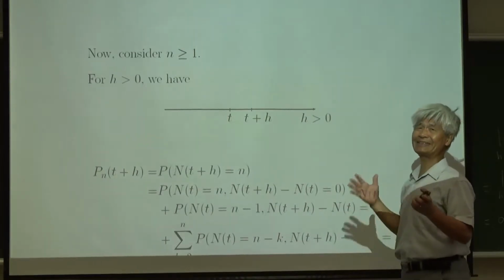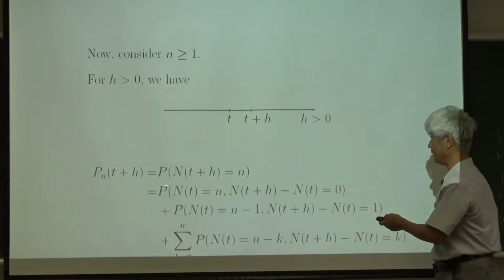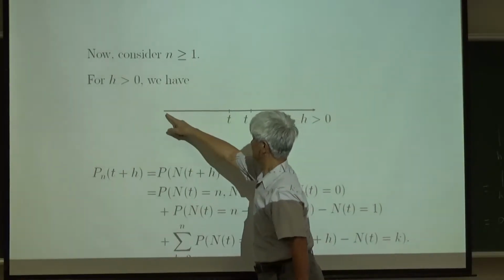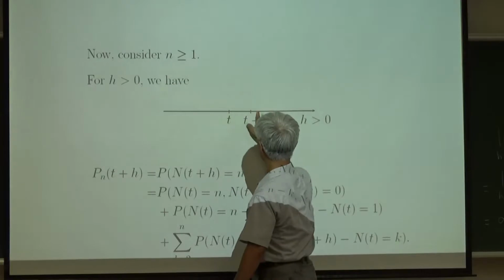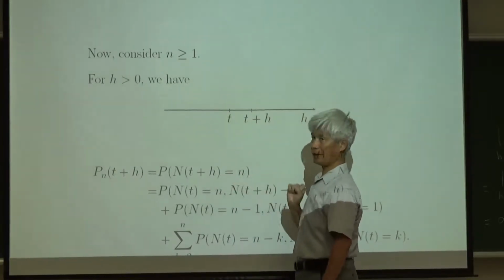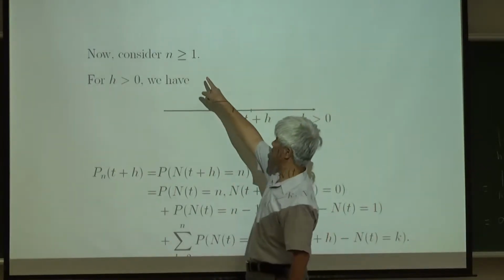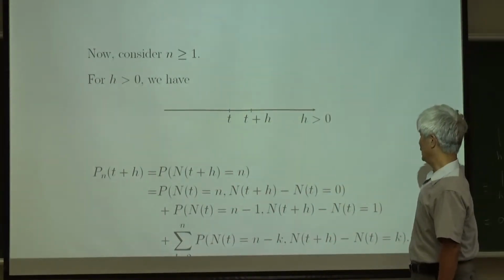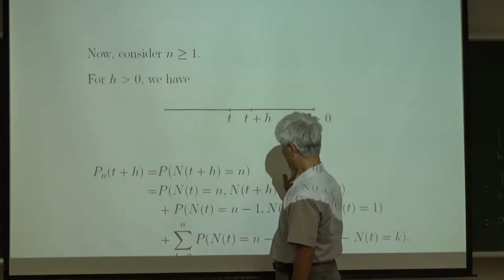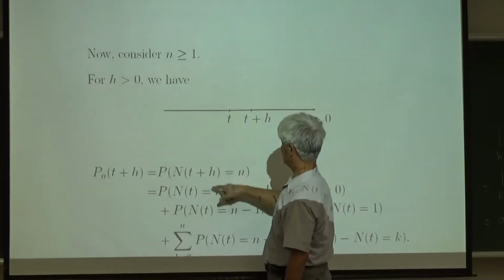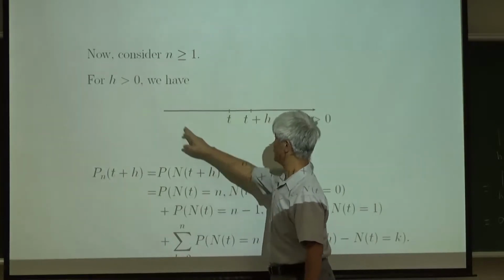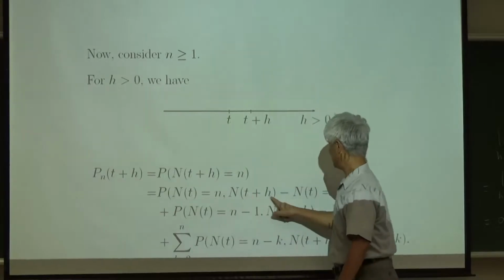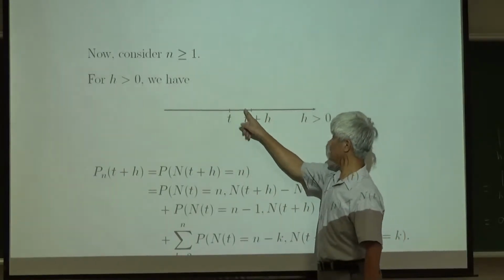The idea is almost the same. In this time interval from 0 to t plus h, we have n arrivals, and n is greater than or equal to 1, so at least one arrival there. You can think that all n arrivals will be between 0 and t, and the rest of the interval has no arrival.